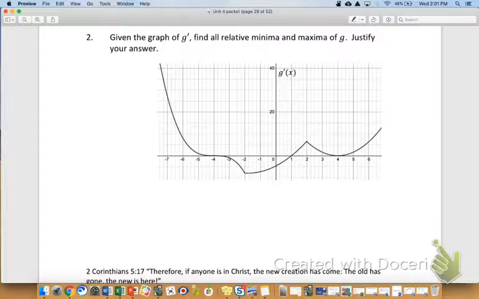And I would say right there, it appears at least, G prime of 4 is 0. I didn't ask you to do that. G prime doesn't change much.